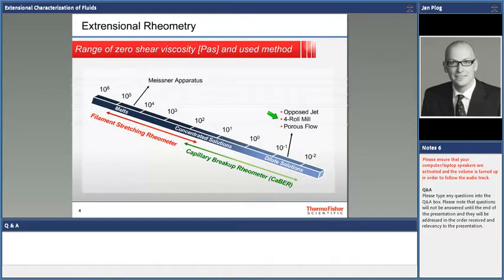I don't want to spend too much time here, but you might have heard about the opposed jet approach, something that the company Rheometrics commercialized back in the 80s with the so-called RFX, or the four-roll mill, or flow-through porous media. Traditionally there have been approaches for extensional measurements on fluids. However, those usually have the drawbacks that they are very time and sample consuming. And those two effects are of course not very much liked.